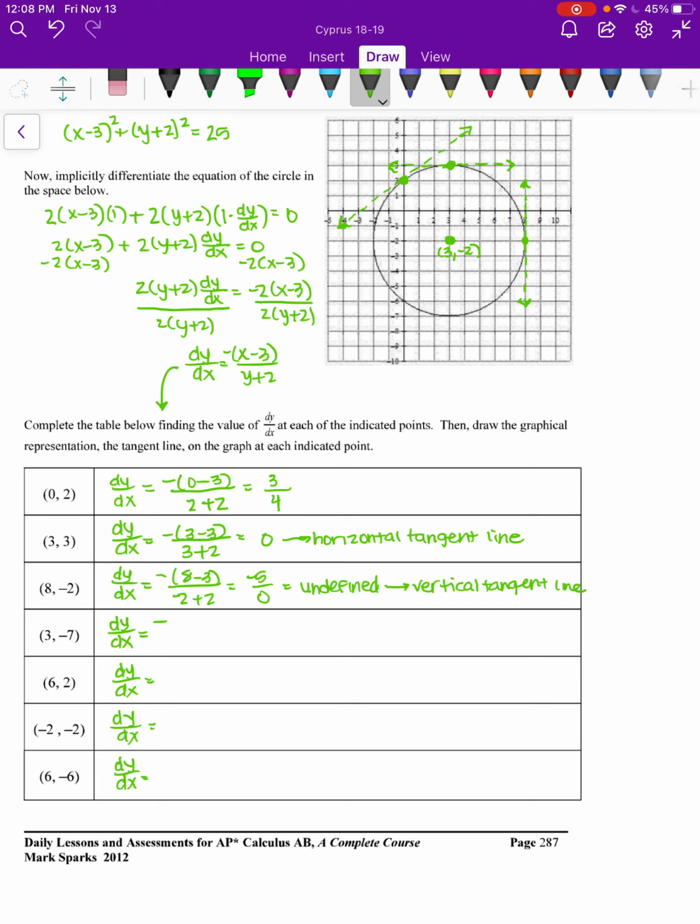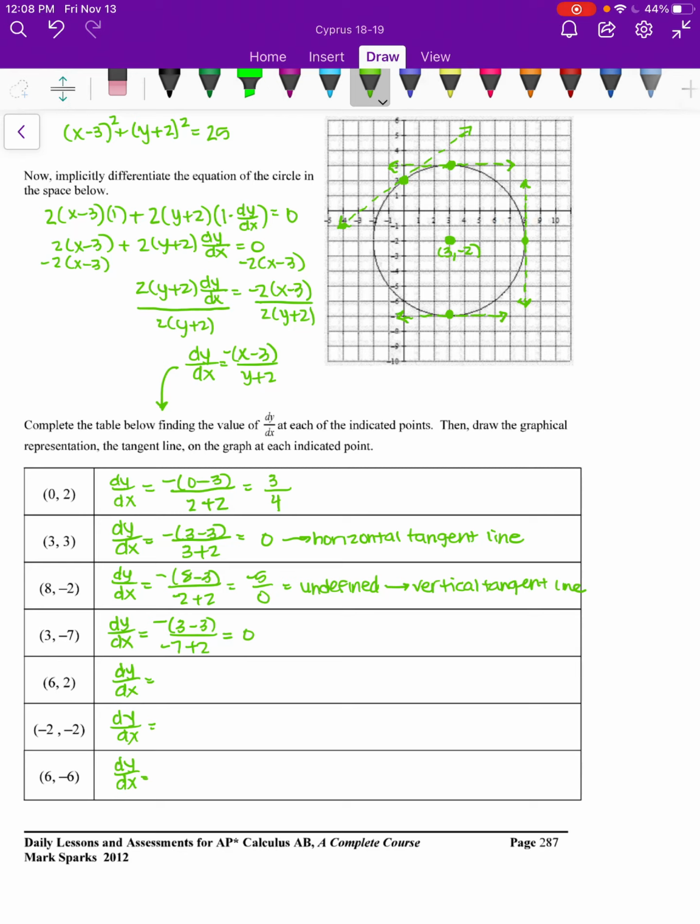Okay. So we have -3 minus 3 over -7 plus 2, which is another 0. So at 3, -7, we have another horizontal tangent line.